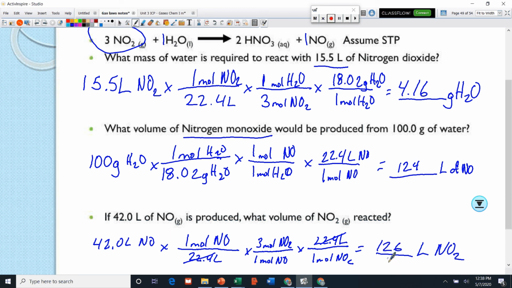All right, so you would get 126 liters on this. If you want to go through and do 42 divided by 22.4 times 3 times 22.4, you should end up with the same exact answer.